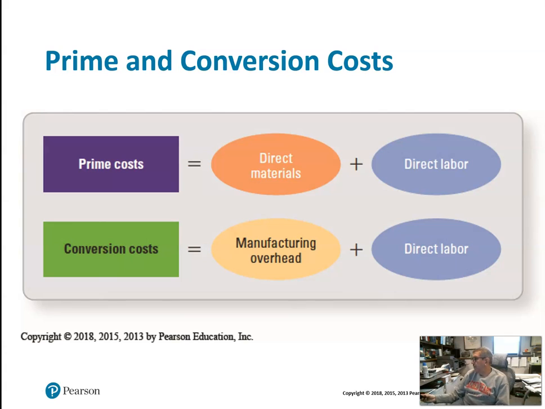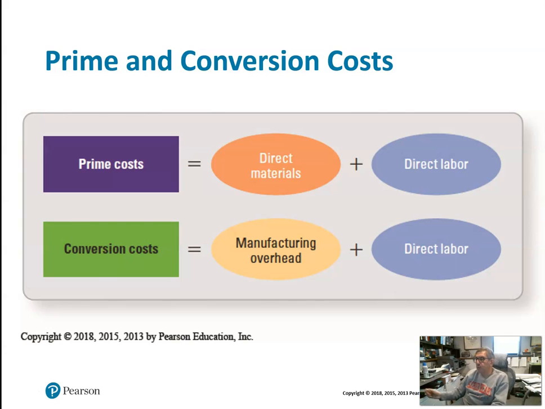All right. When management starts to break costs down, there's a number of ways that they might do it. And the first of those is by taking the costs that we consider direct costs, costs that we can trace directly to the product. There are two categories of those, direct materials and direct labor.